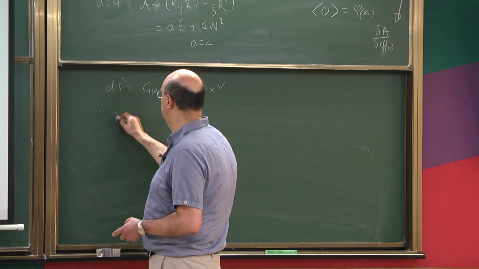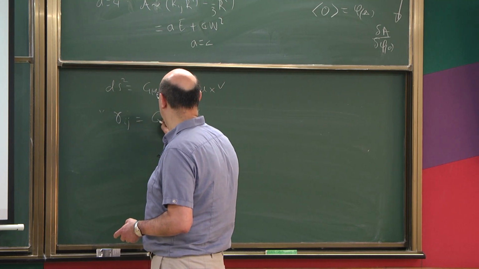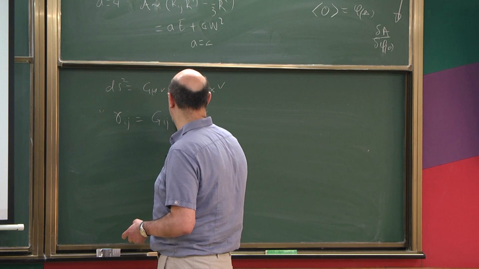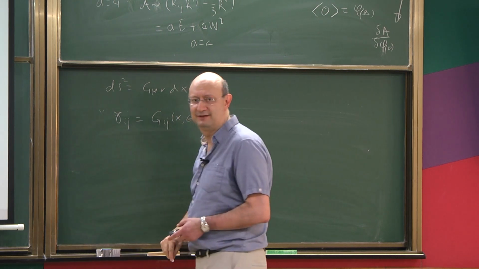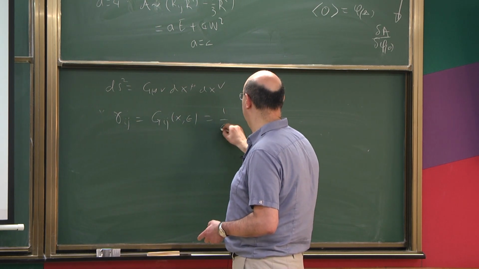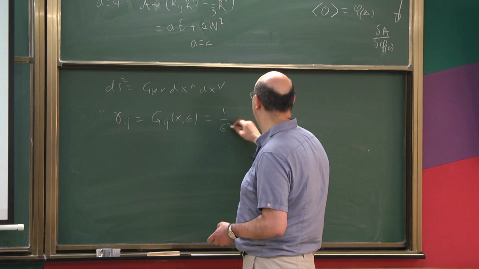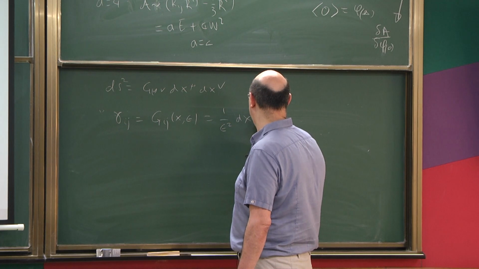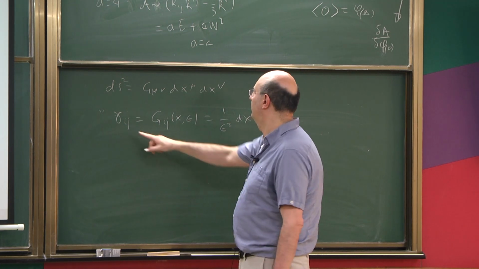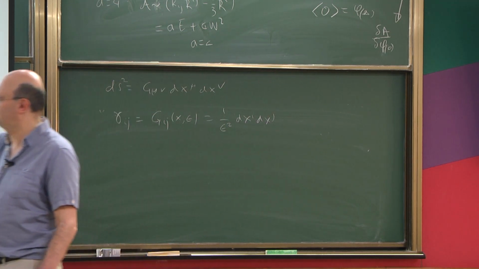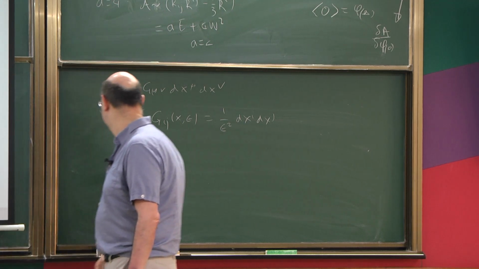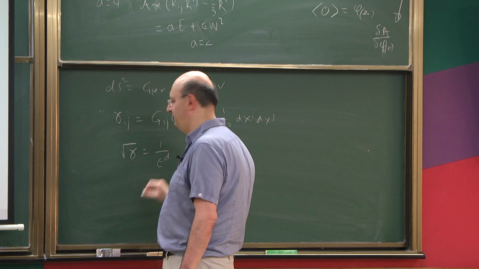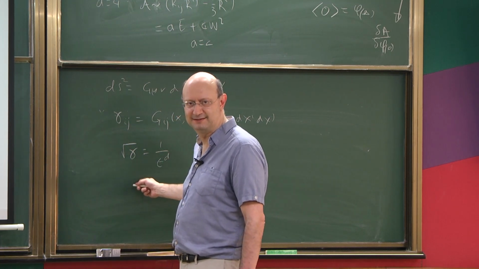Then gamma ij in these coordinates is G ij at x, z equal to epsilon. That would be 1 over epsilon squared, and if it is exactly AdS, it would be dx i dx j. Now I take the square root of gamma, and that would be 1 over epsilon to the d, and that's the divergence.